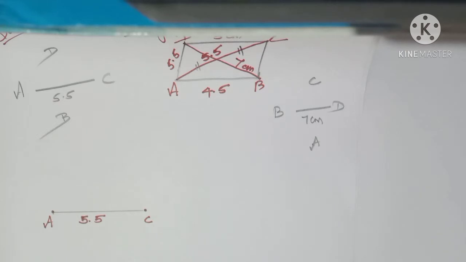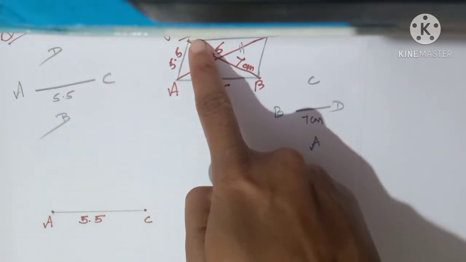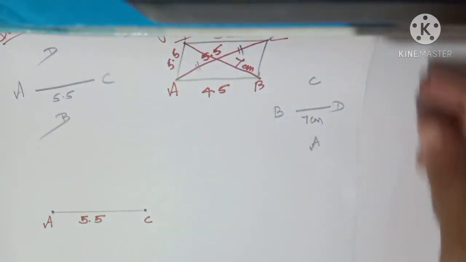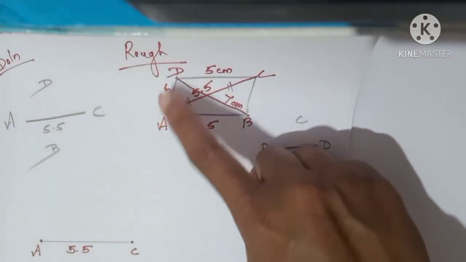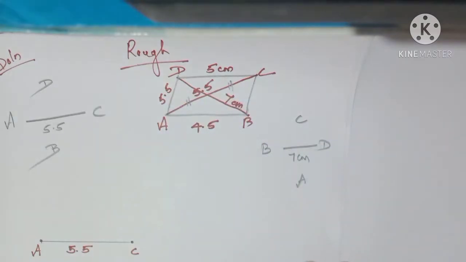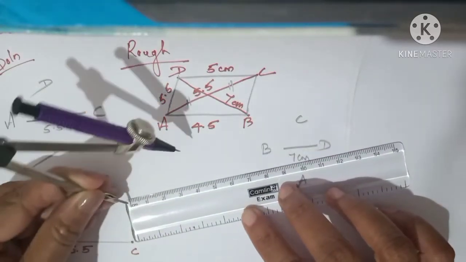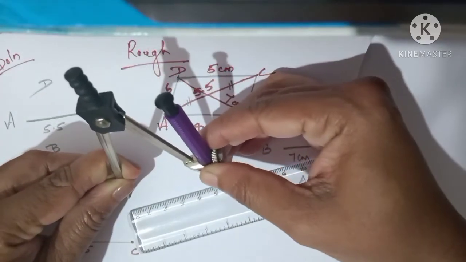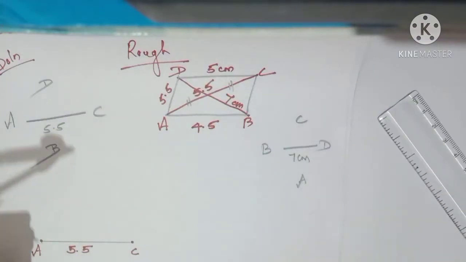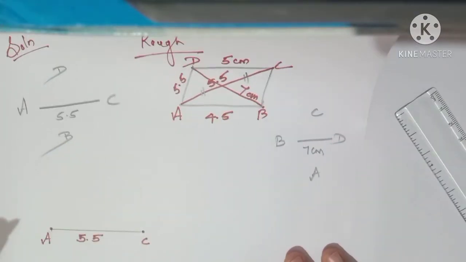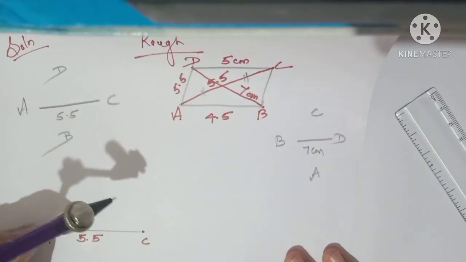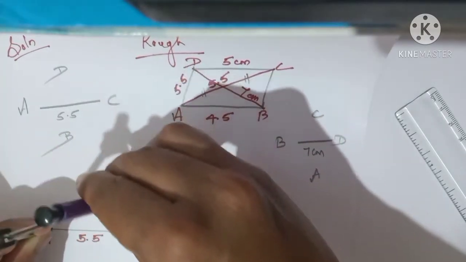Next, you are going to take the compass and measure. What is AD measurement? 5.5 centimeter. So in the scale, you are going to measure 5.5 centimeter. Then I am going to keep the compass at the point A and cut the arc.